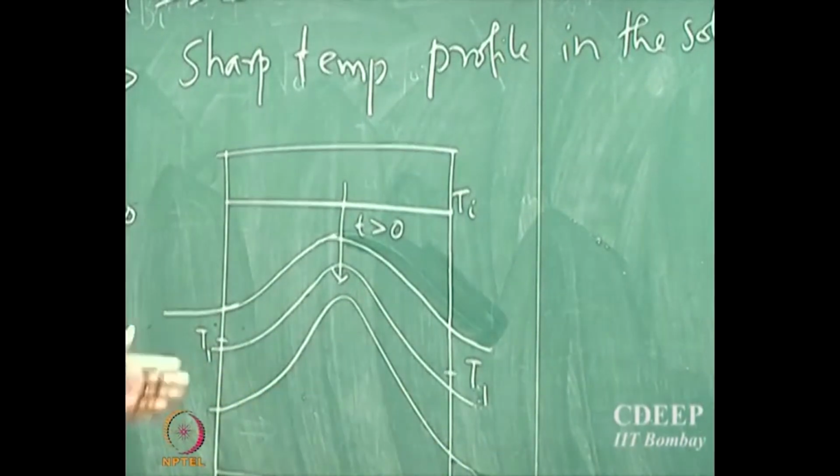So we have not solved the equation. Without solving the equations, simply based on the intuitive understanding of how the temperature distribution is going to be based on the Biot number and resistances, we are able to actually sketch the temperature profile. So this is very important.